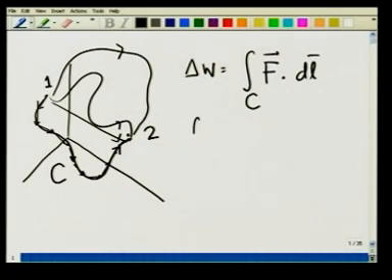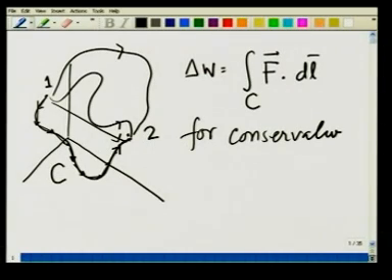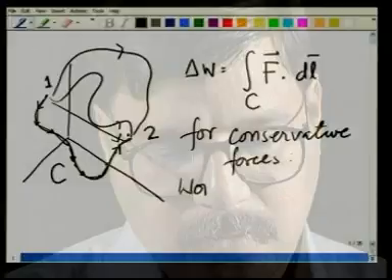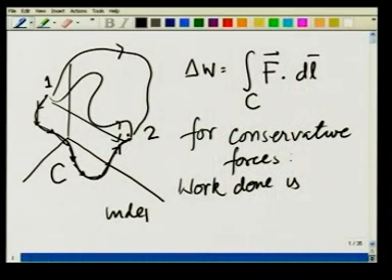So for conservative forces, work done is independent of the path.